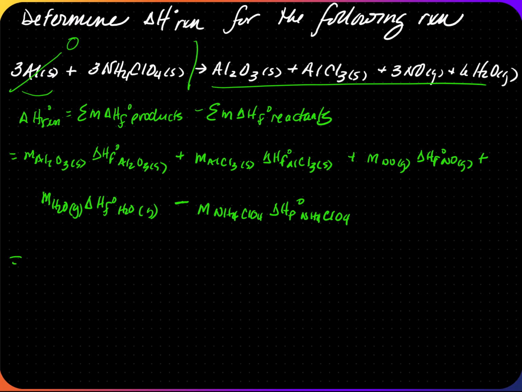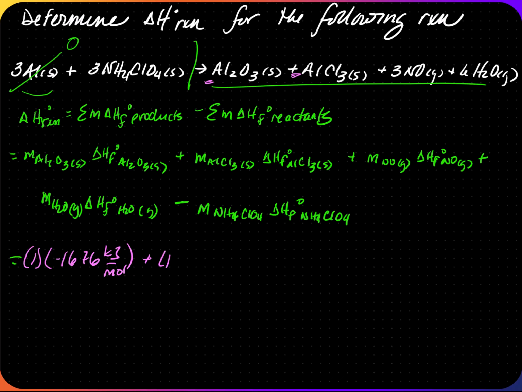So again, all these values will be given to you unless you're solving for it, but the elemental states you need to know. The moles of aluminum oxide, since the coefficient is 1, there's only 1. If you look this up in your textbook, the value for aluminum oxide is negative 1676 kilojoules per mole, plus the moles of aluminum chloride.